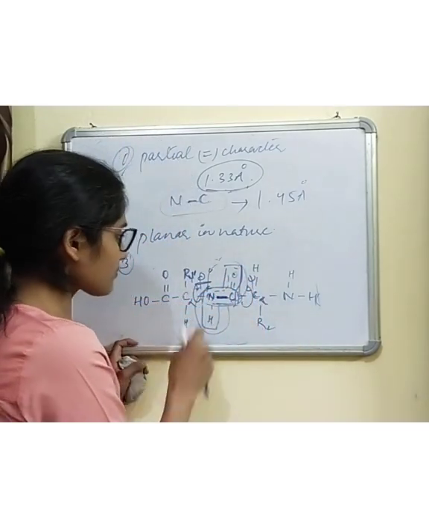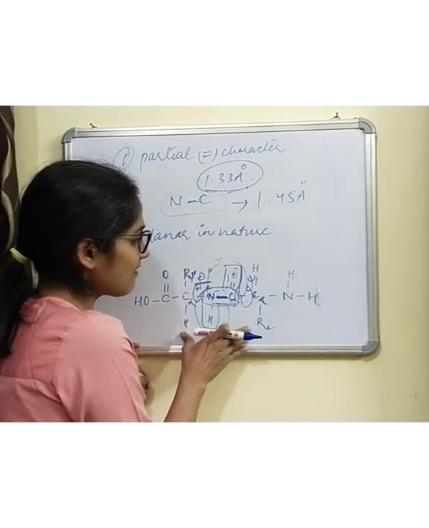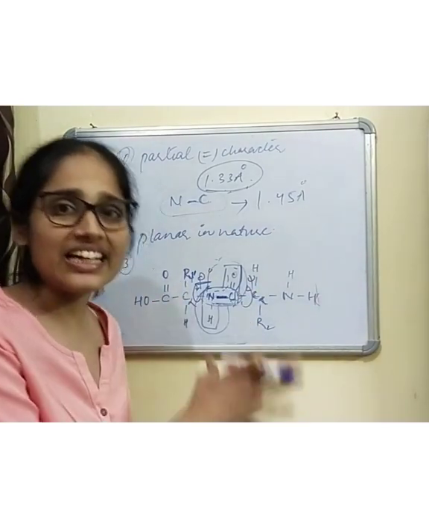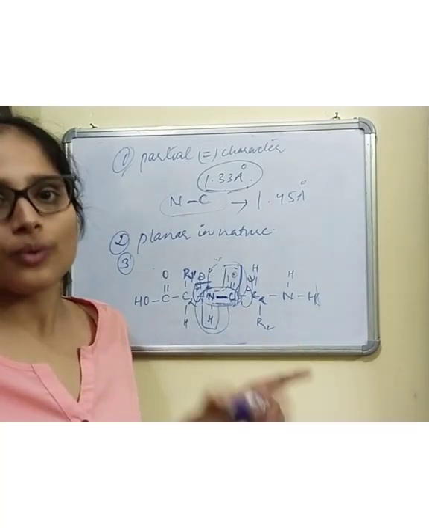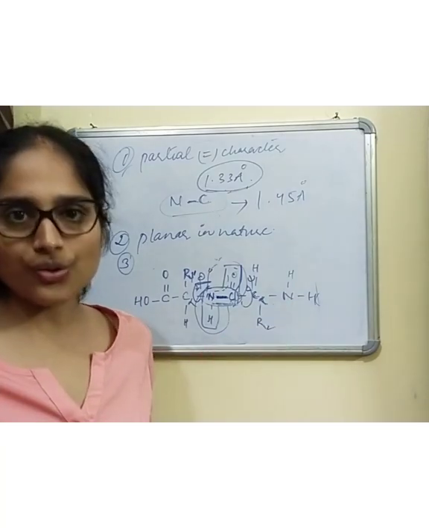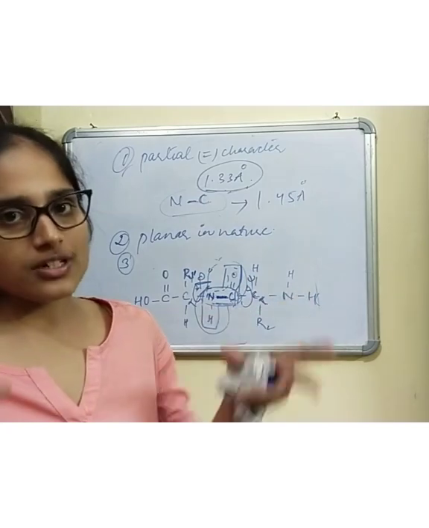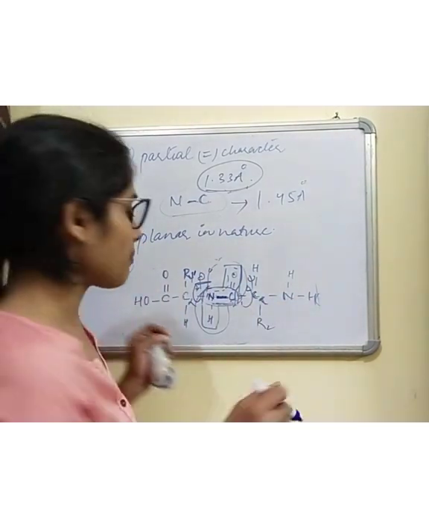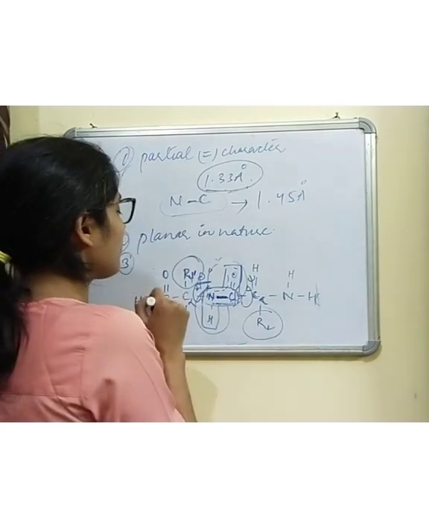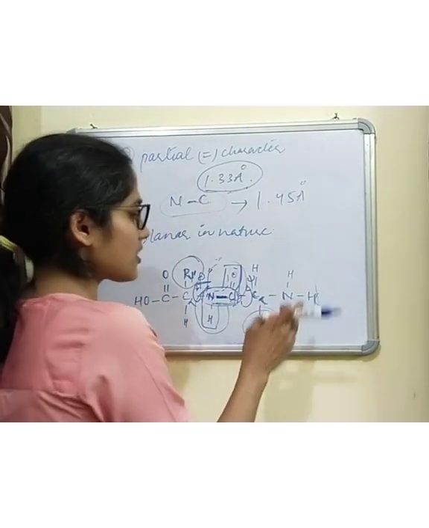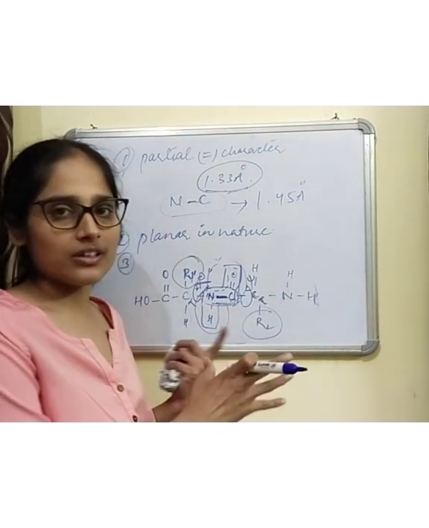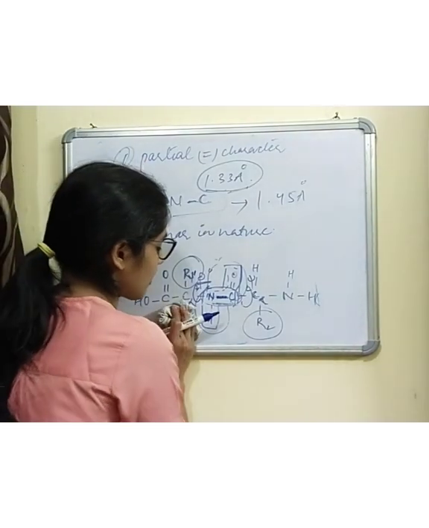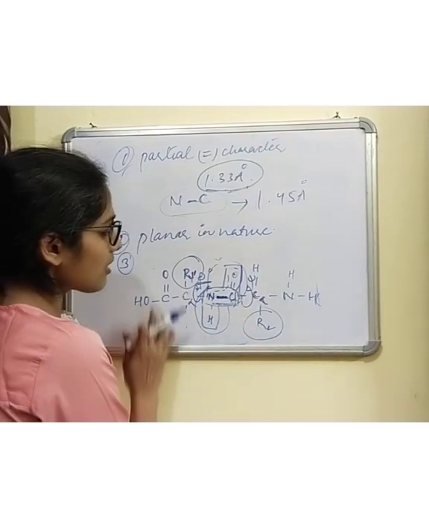So all values are not allowed. Theoretically, it can have all possible values. However, there are certain restrictions between different angles because of these steric hindrances, and steric hindrance depends on the side chains of the neighboring amino acids. Now these are always in trans.